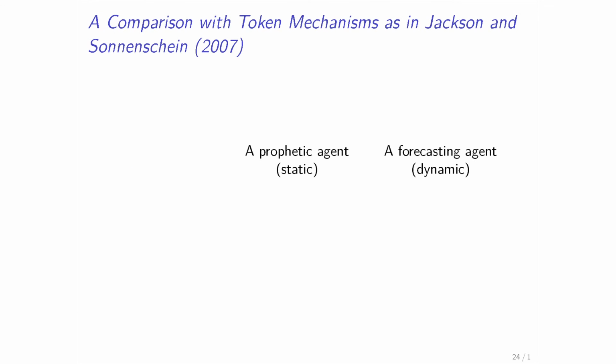Now, if we have a prophet agent who knows everything at the very beginning, and we have a forecasting agent who knows his valuation up to time t, and we look at the token mechanism, it doesn't matter whether the agent is a prophet or forecaster. The agent will behave in exactly the same way, whether he knows his valuations in advance or not.